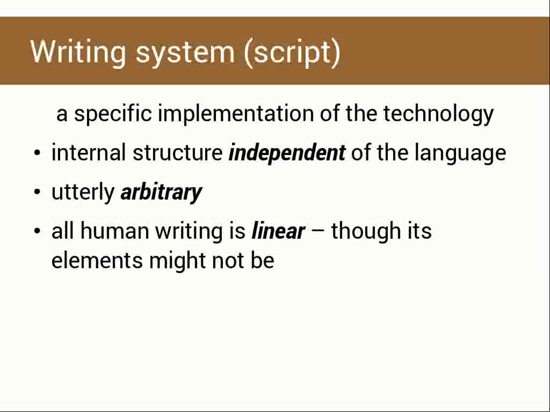And there's the thing, human writing is linear. So you go from point A to point B, you don't spread radially or anything like this. Elements of the writing, so single symbols, might not be linear, and I'm going to have examples for this.